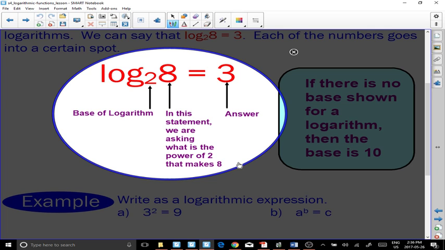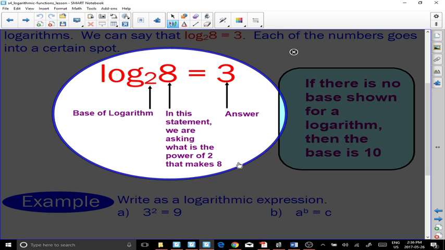Because we're trying to figure out what the log base 2 of 8 is, we're asking: 2 to what exponent gives us 8? Well, the answer is 3. 2 to the exponent 3 gives you 8.